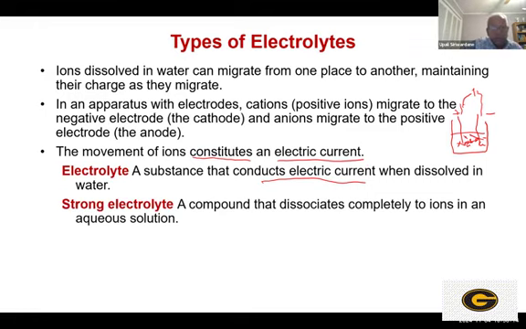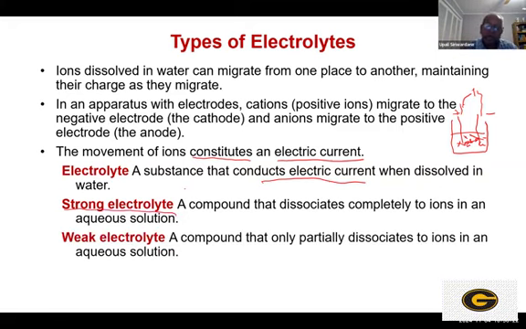There are two types of electrolyte, strong and weak. Strong electrolytes are mostly soluble ionic compounds or covalent compounds that dissolve in water.